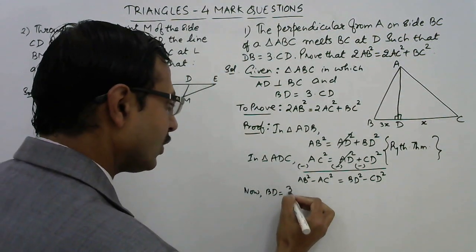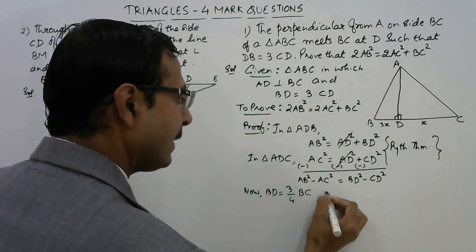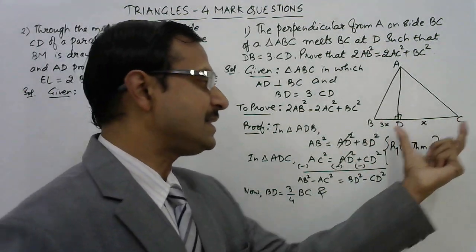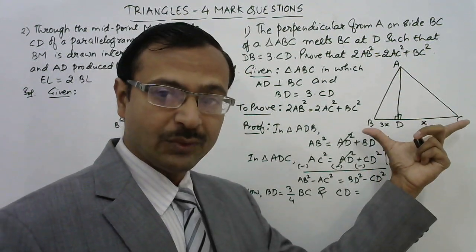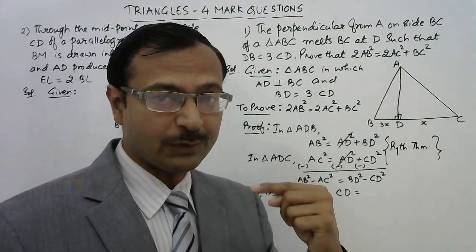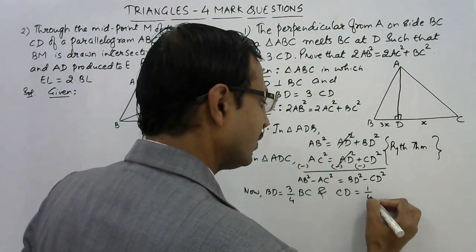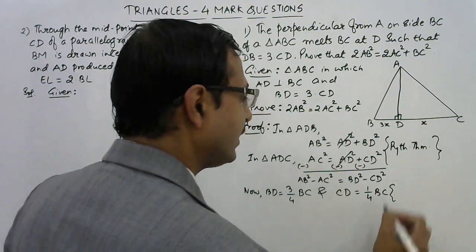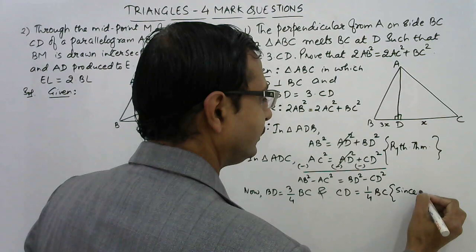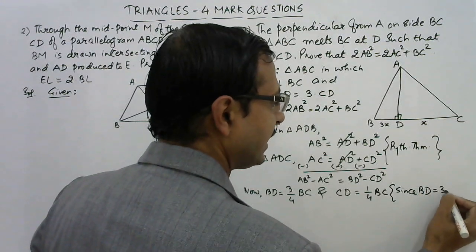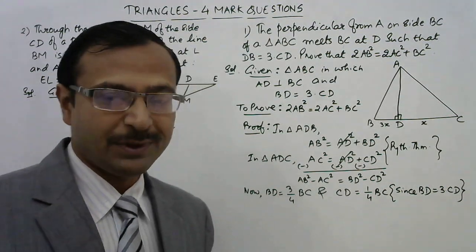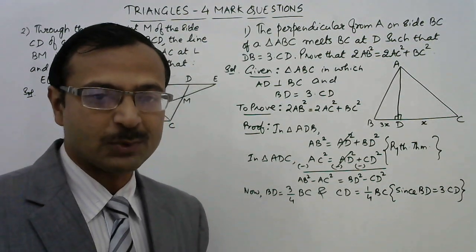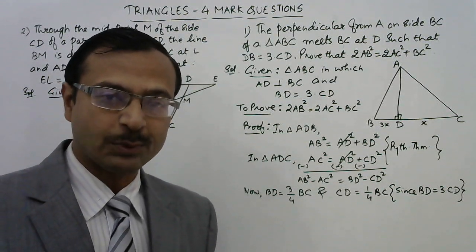So 3/4 of BC. And similarly, CD is x upon total 4x. So x upon 4x is 1/4 of BC. Now you need to give the reason, since BD is 3 times CD. Now this is a very important step. If you can write this step, only then you can proceed with the remaining part of the proof.